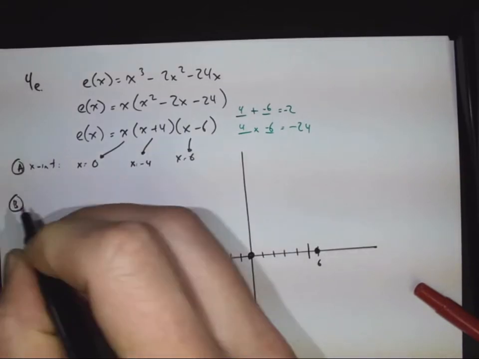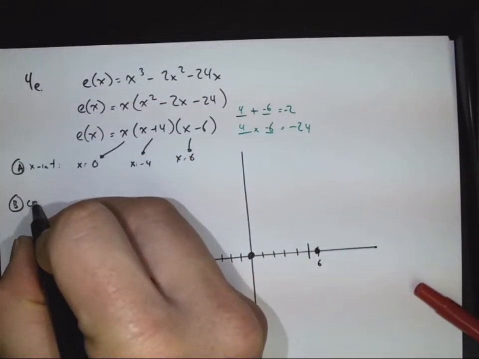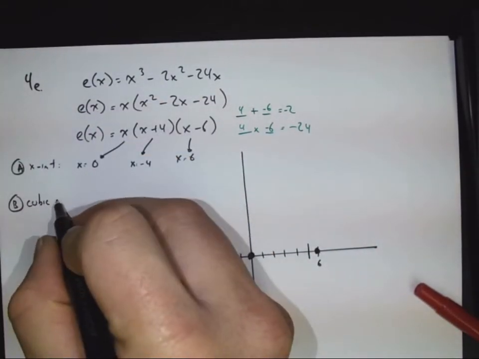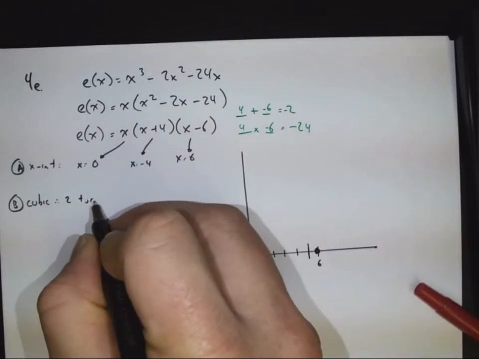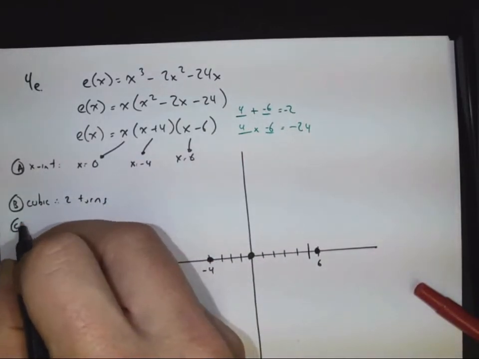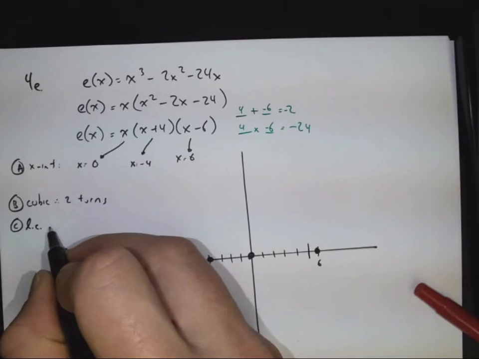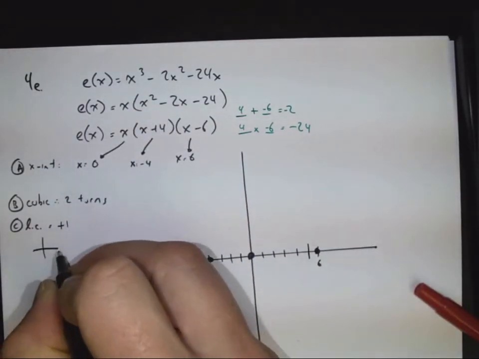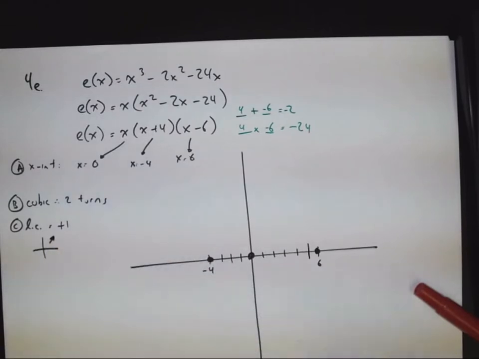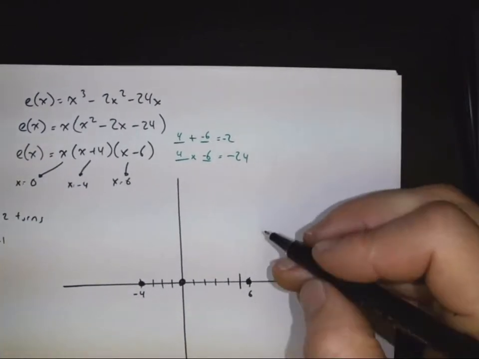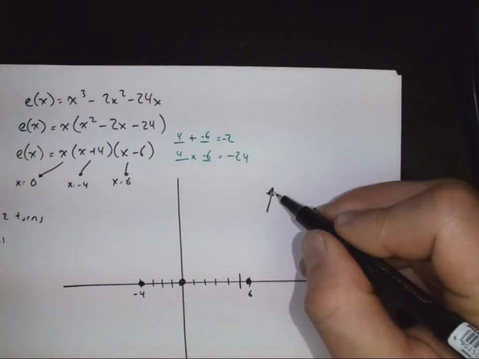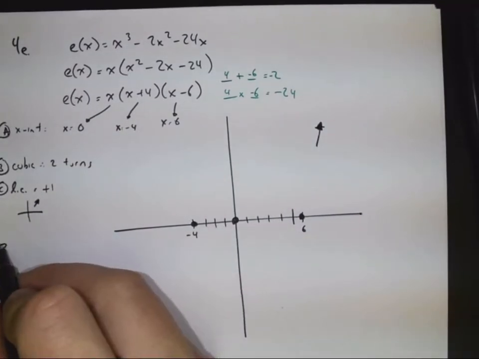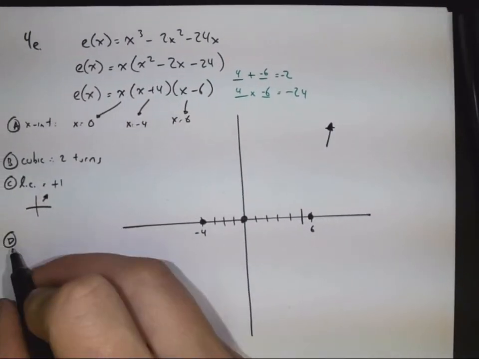Great. So we know this is a cubic function. The leading coefficient is positive 1 here. So therefore, when we graph it, it's going to end up going upward because it's positive. So it's going to finish going up to positive infinity. And my y-intercept is already graphed.